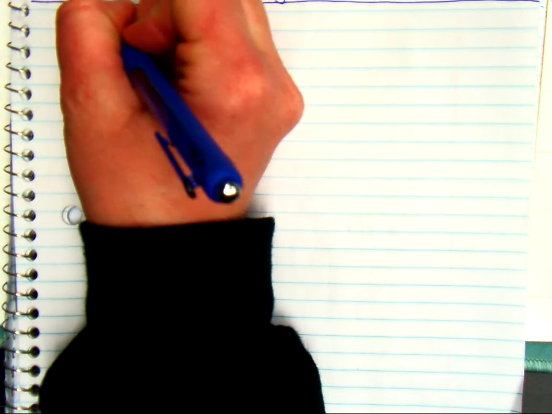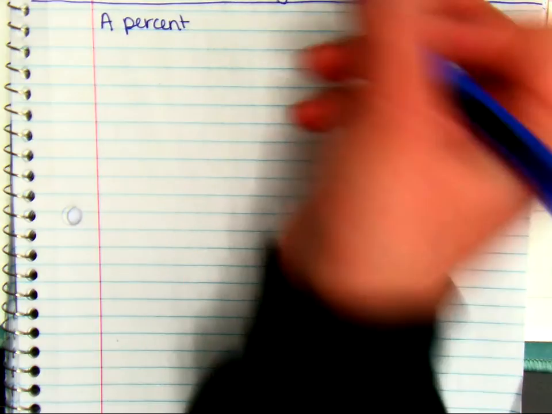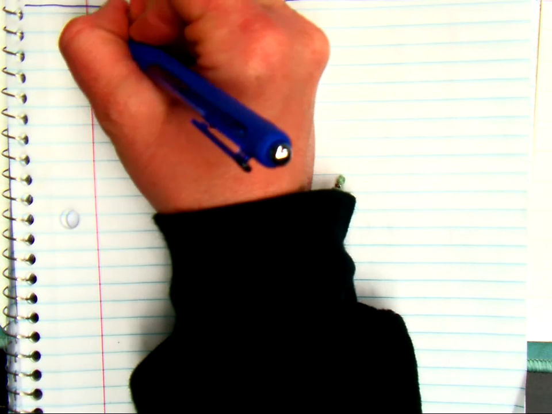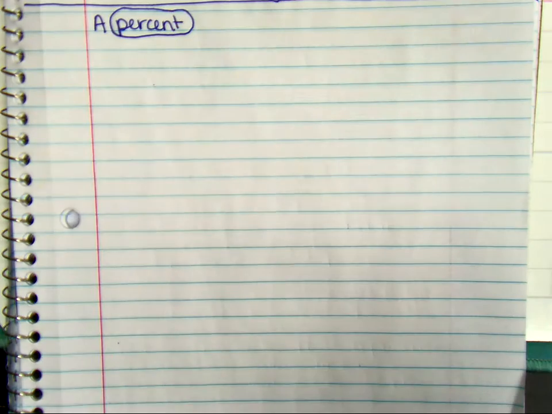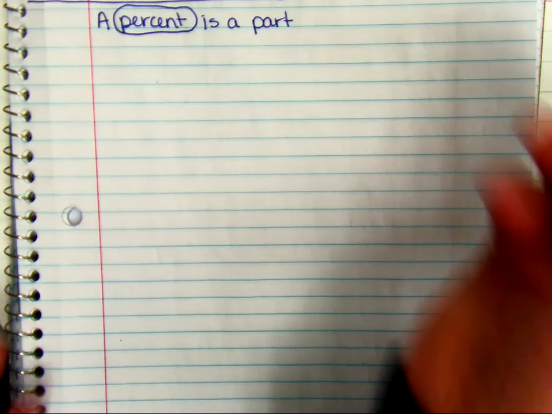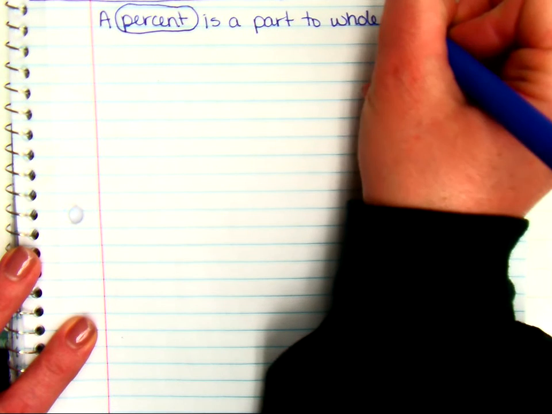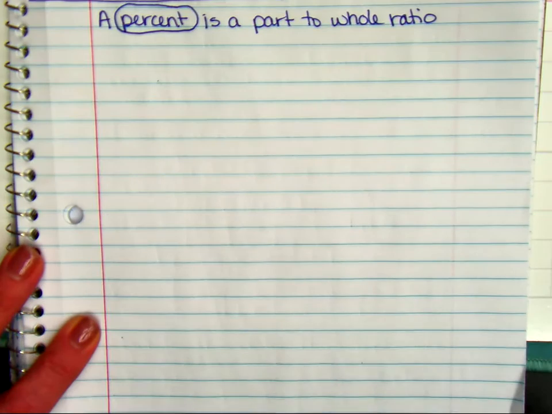So we're going to start off with some definitions. First off, a percent, and that's a key term, so I'm going to circle it. A percent is a part to whole ratio where the whole is 100.